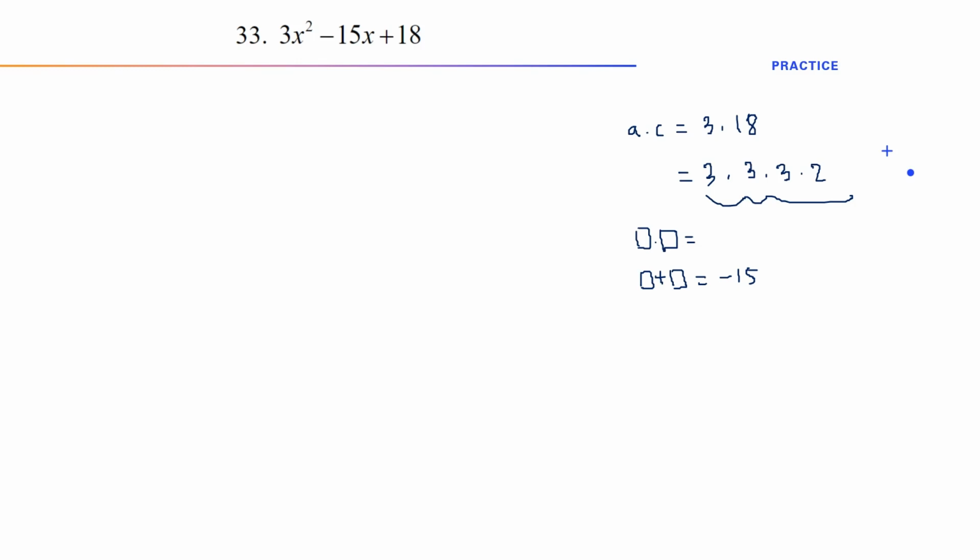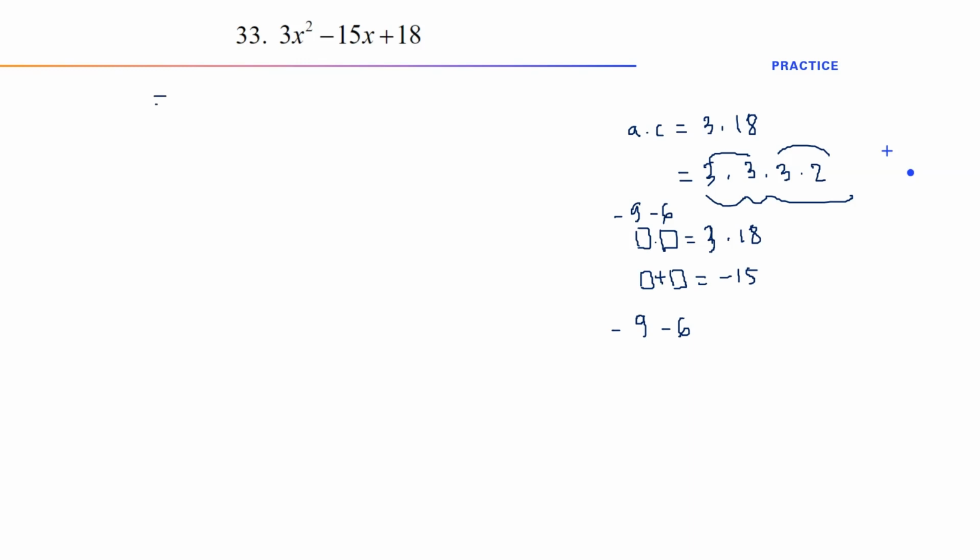Yes, we have 9 and 6, right? 9 and 6 multiply to 3 times 18. But the thing is, they add up to a negative number, so we need the negative on both numbers.